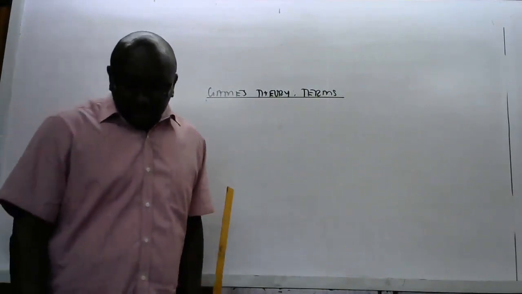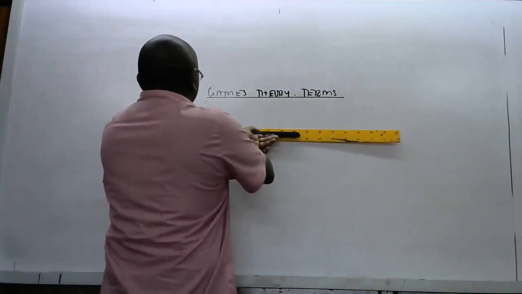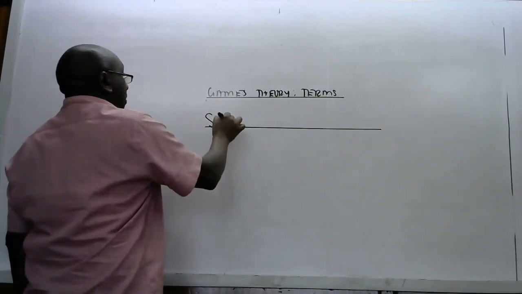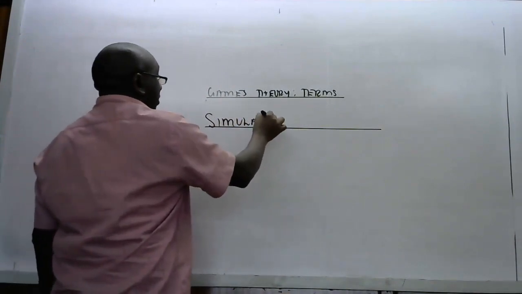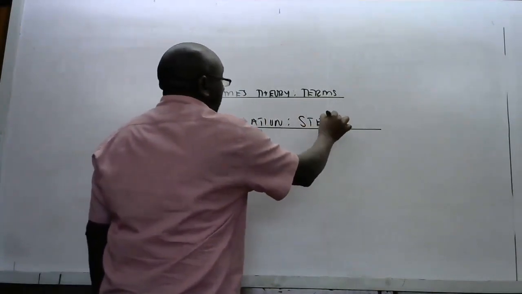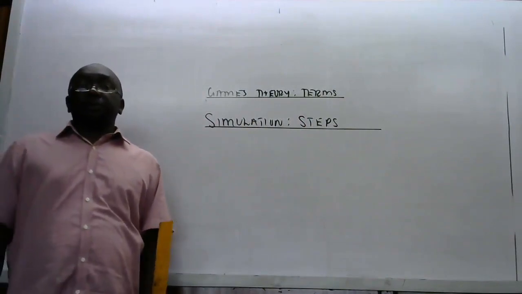But B, highlight 8 steps followed in the simulation process. So that now is given under a topic called simulation, and specifically we are asked about steps.